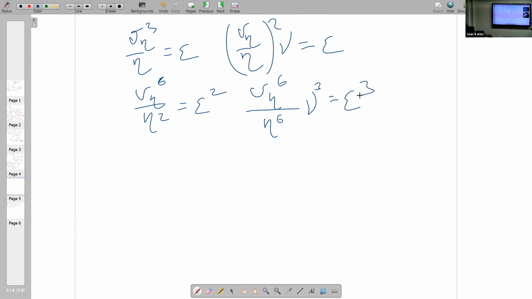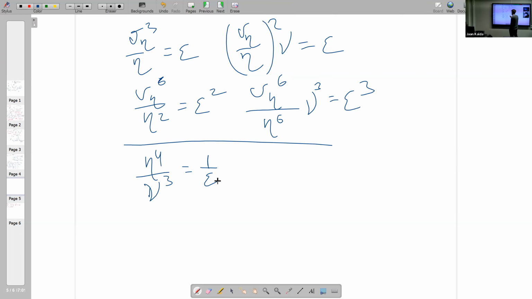And now let us divide one by another. Then we have epsilon to the fourth, V_eta goes away, but we still have it divided by nu cubed, equals 1 divided by epsilon, I guess. Am I right?